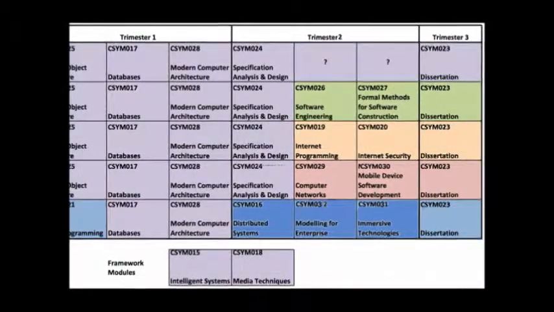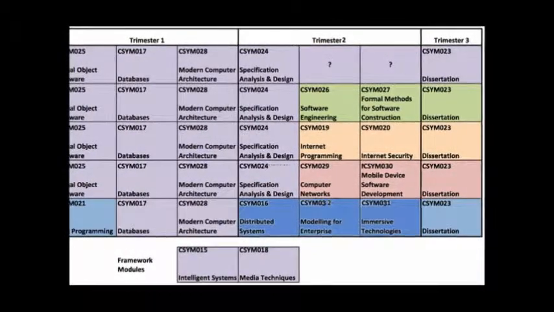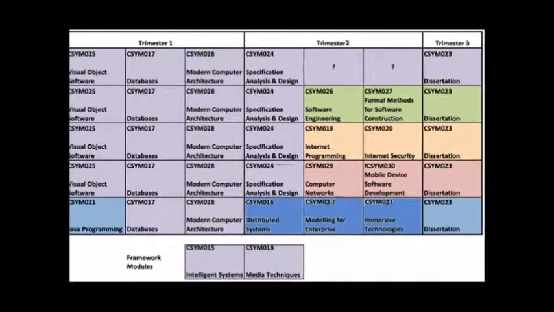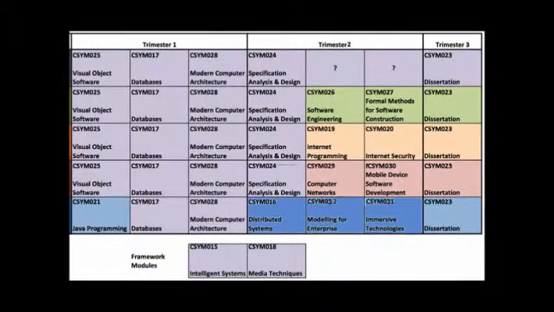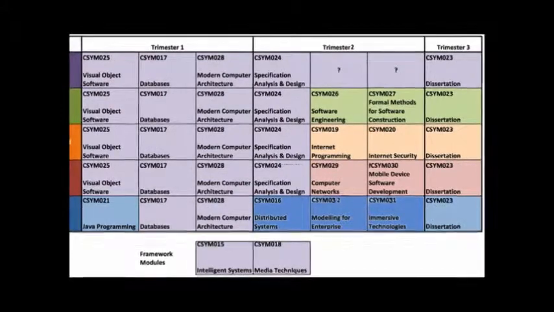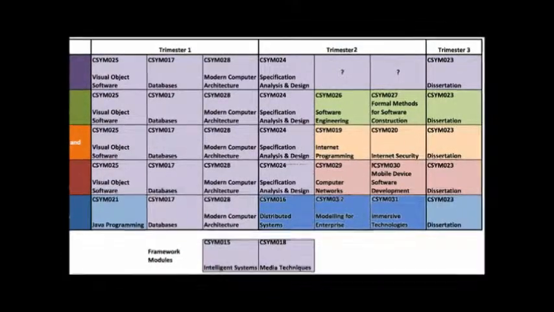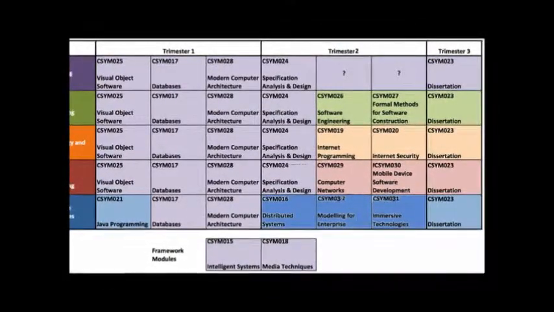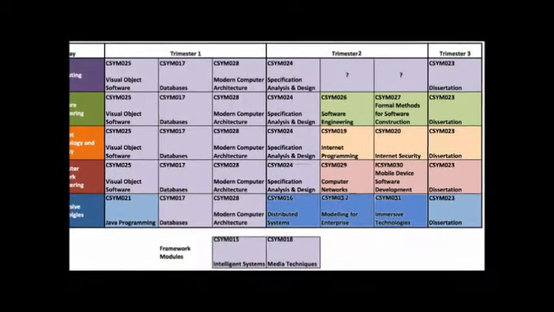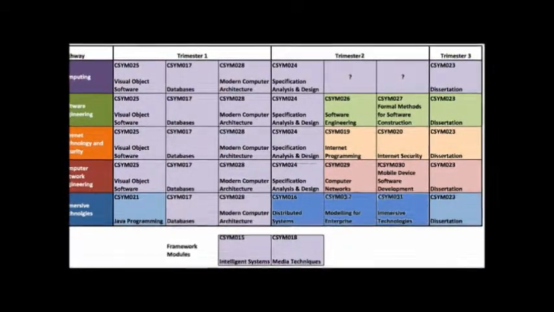So whichever pathway you're on, whether it's the computing only or the software engineering or internet and security, what we're trying to do is pull together what you're doing on those and building elements from those modules that you've done previously into the dissertation and produce something that's new. Now, what new means will vary from project to project, but there has to be an element of newness, originality, novelty within it.